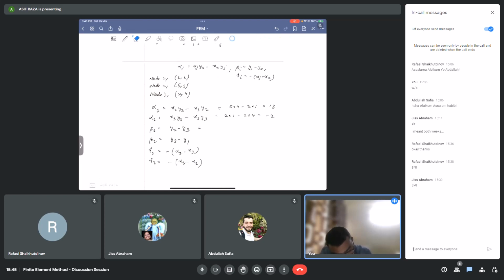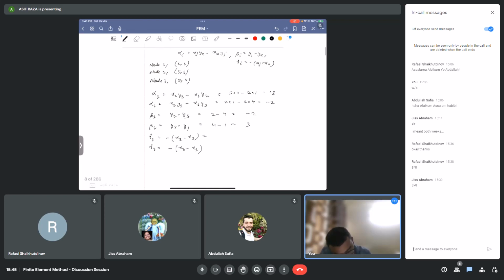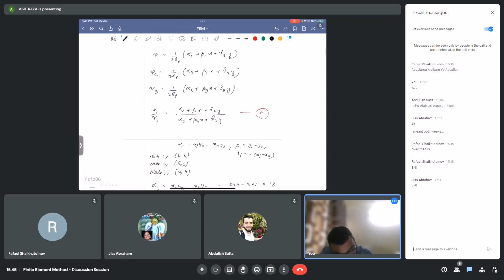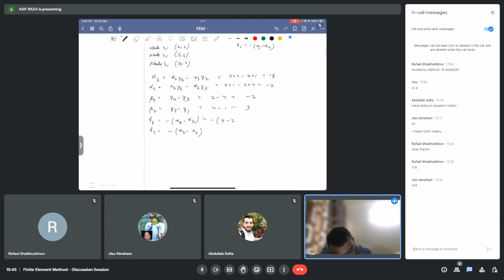y2 minus y3, y2 is 1 minus 4, so minus 3. Hmm, beta 1 is minus 3, then beta 2 is y3 minus y1, 4 minus 1, which is 3. Gamma 1 is minus of x2 minus x3, 5 minus 2, which is minus 3, and gamma 2 is minus of x3 minus x1, 2 minus 1, which is minus 1.